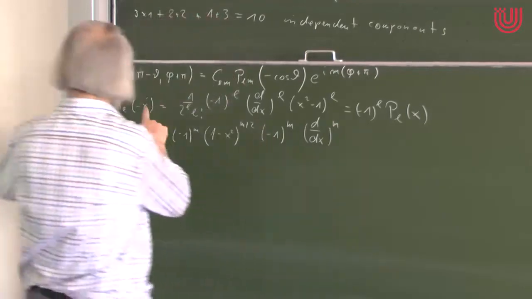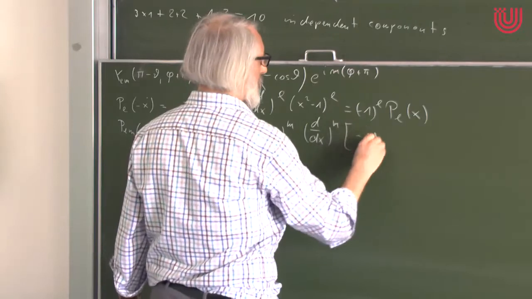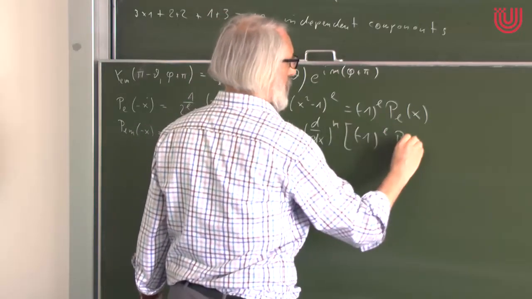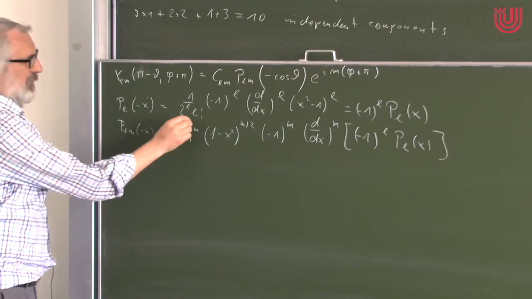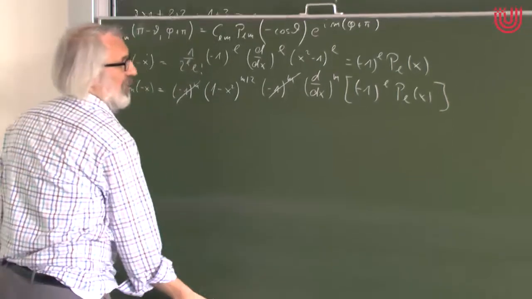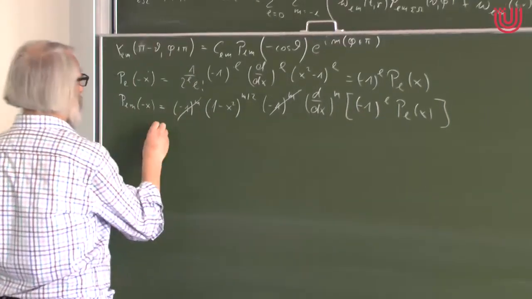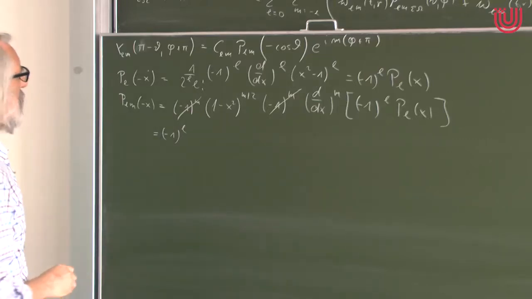And then PL of minus x is, as I have derived here, minus 1 to the L PLX. Okay? And you see this very conveniently drops out. This is, of course, a constant. I can pull it out. So this is minus 1 to the L.